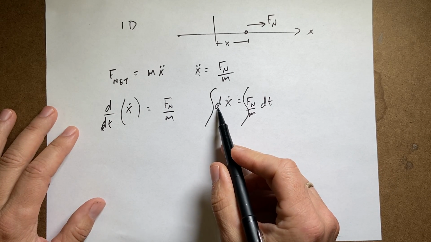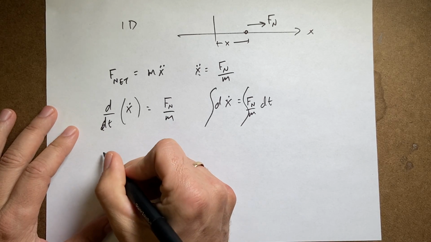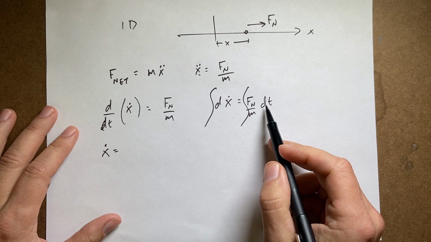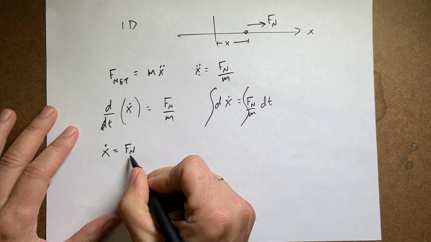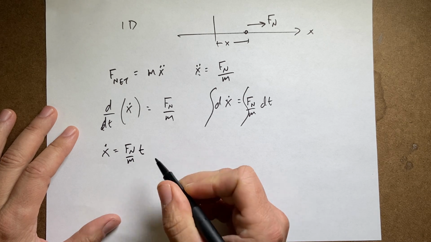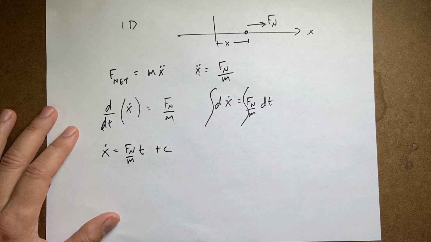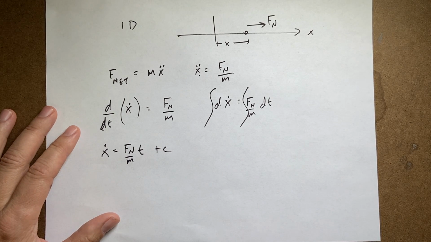So if I integrate this side, the integral of d x dot is just going to be x dot. And the integral of this constant times dt, assuming it's a constant force, is going to be Fn over m times t. But I have to have a constant in there too, because I don't have limits of integration. And you could do this in a lot of different ways.